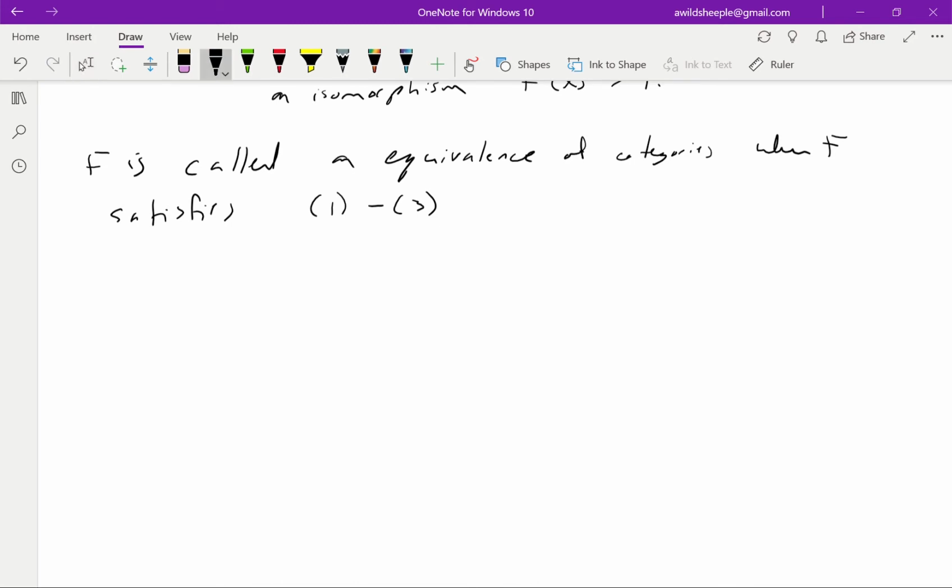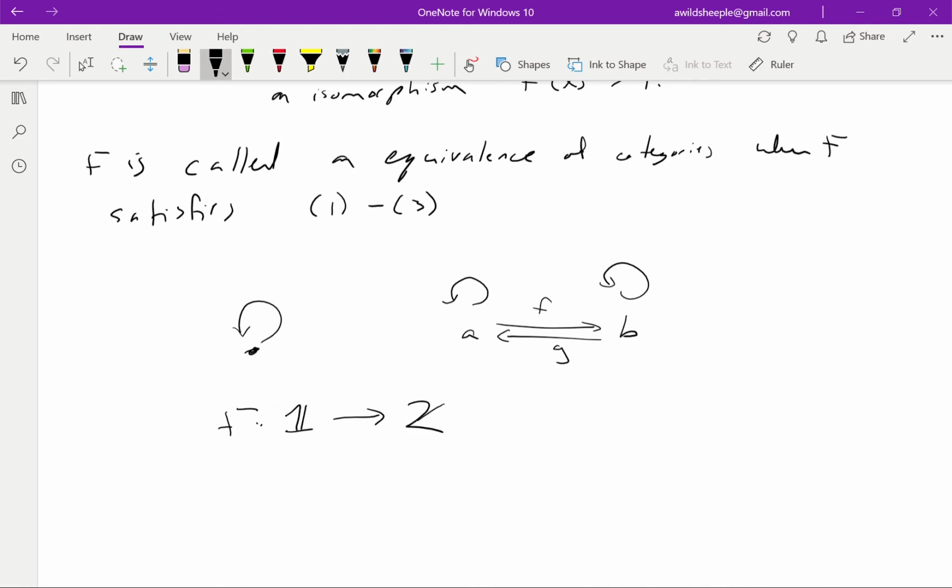So we had this guy, and then we had A and B with their loops, and F and G like so. Let's take F to be the functor which takes the dot and sends it to A. And functors, for us, take the identity to the identity.